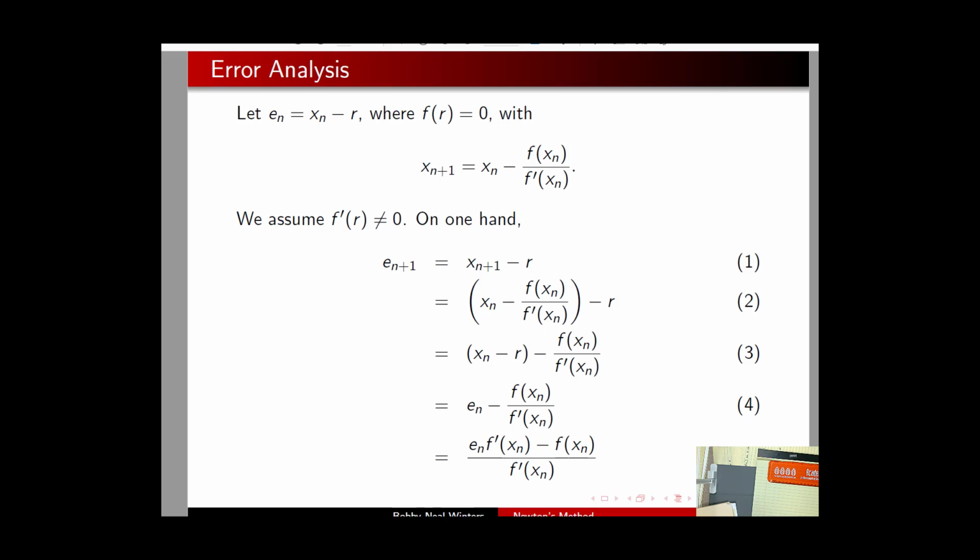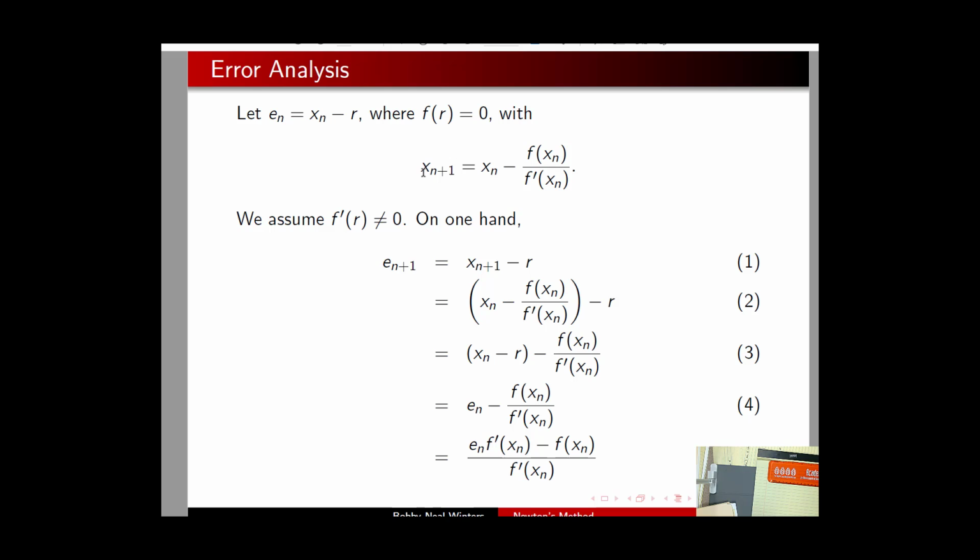And so let's look at the error. Okay, this is something nice, and I'll go through it here, but it's worth your time to examine the slide in the quiet of your own study. We have our error is our nth approximation minus the actual value of the root. So f of r is equal to 0.